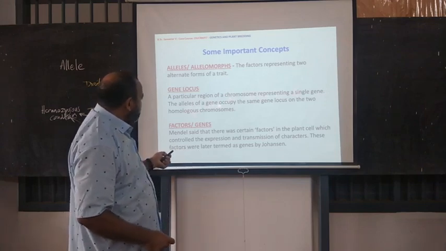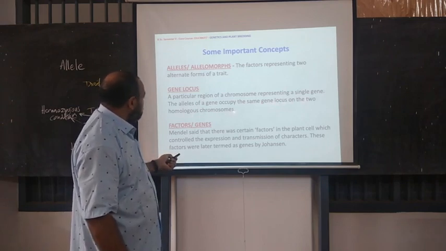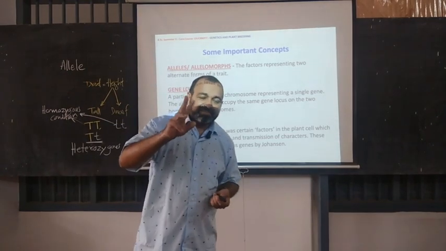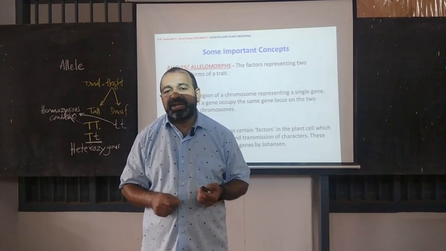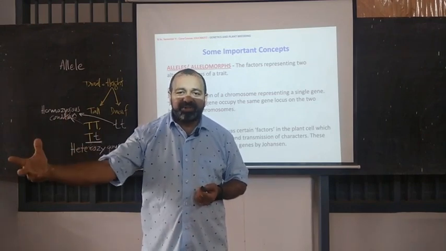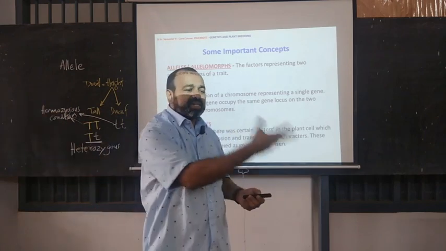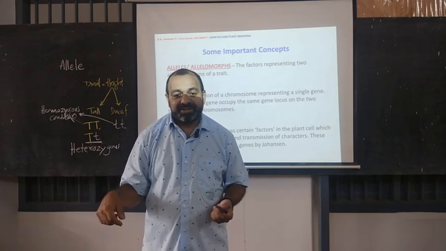So, the alleles of a gene occupy the same gene locus on the two homologous chromosomes. Okay? So, we know normally there are two sets of chromosomes in each of us. One set, 23 chromosomes, coming from the paternal side, and the other 23 chromosomes coming from the maternal side.